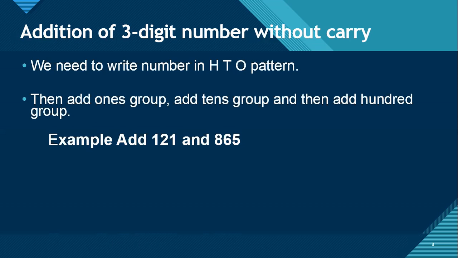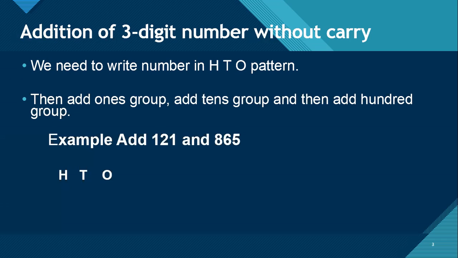So how will we do that? We have to follow the steps. Step number one is to write the numbers in HTO pattern. So 121 and 865 we have to write in HTO pattern. How will you write it quickly? Simple. Whatever number comes in whatever place, we write it respectively.